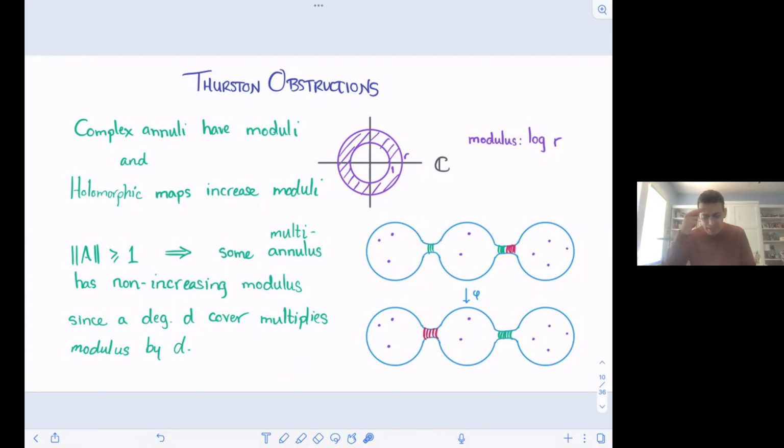I guess the matrix is telling us how the moduli change going up. Since holomorphic maps are supposed to increase the modulus, going up it's supposed to decrease, and that's why this being bigger than 1 is the obstruction. So that's what the matrix is. It's just checking this. So this is a natural obstruction, and Thurston's theorem says that's the only thing. If you don't have this problem, then you're rational, you're holomorphic.